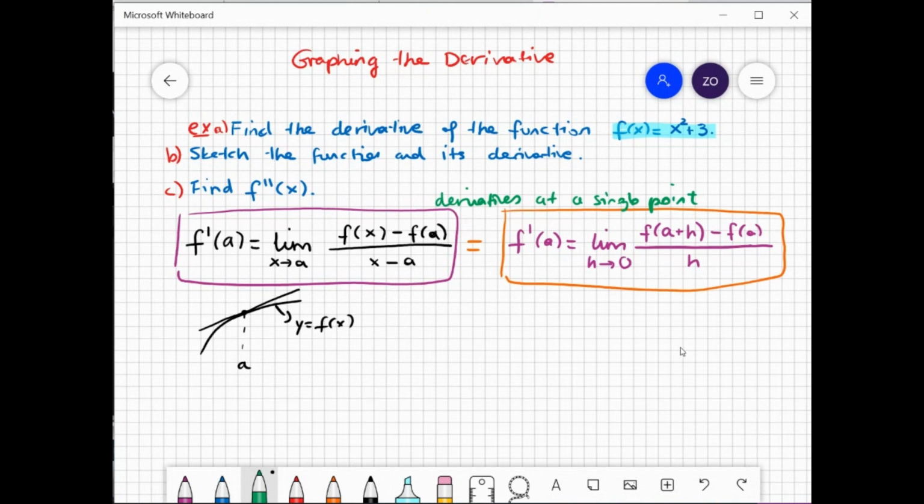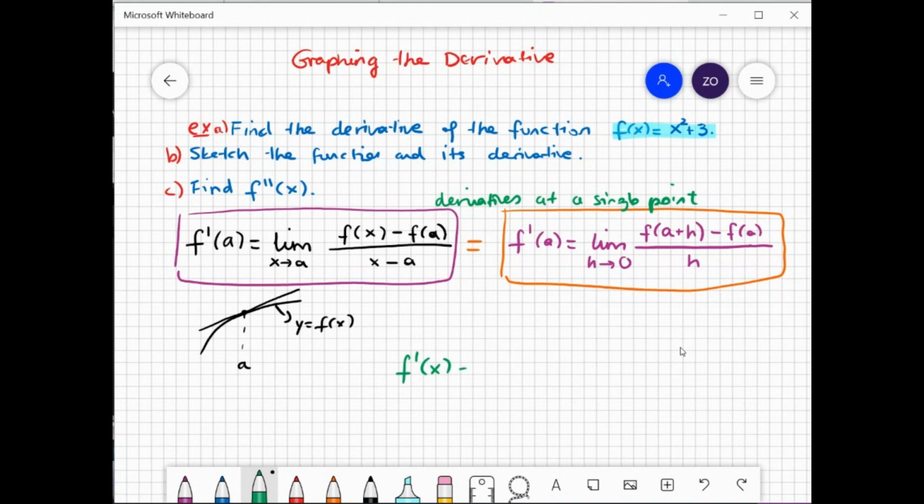Then we said that we can extend this idea to obtain a formula throughout an interval where this is defined. These two expressions will give you some numbers. Instead of obtaining these numbers individually at each point, we can come up with a formula for the derivative at any point, instead of a specific point a.